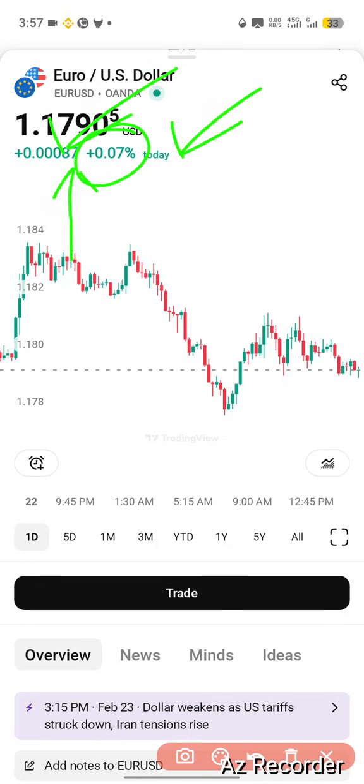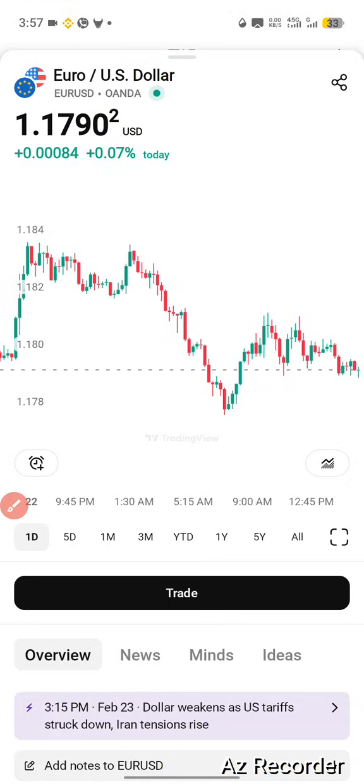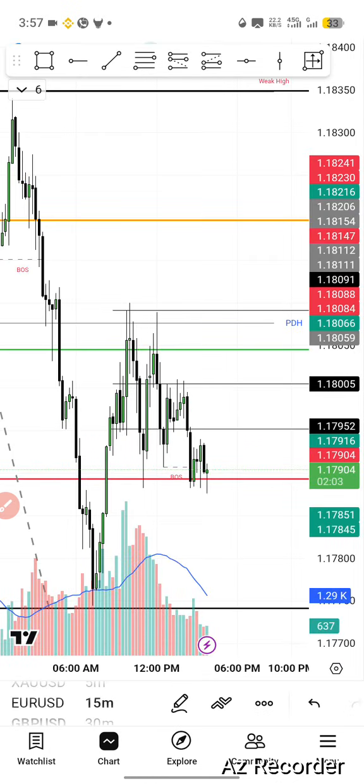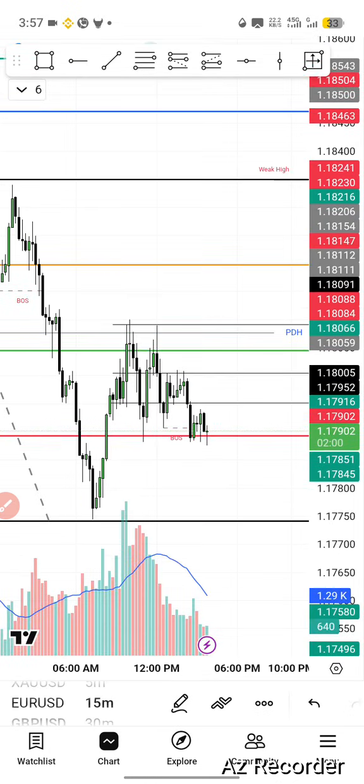Just this 0.07% is not going to be a small amount. So let's look into the chart and see whether we can point out some things.